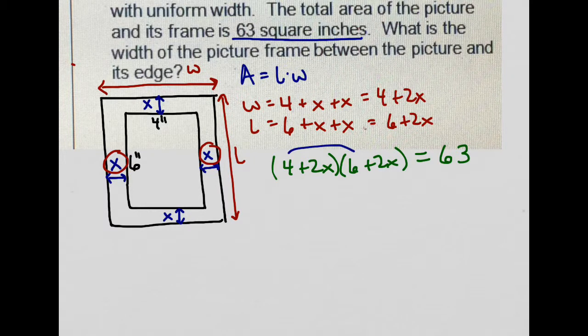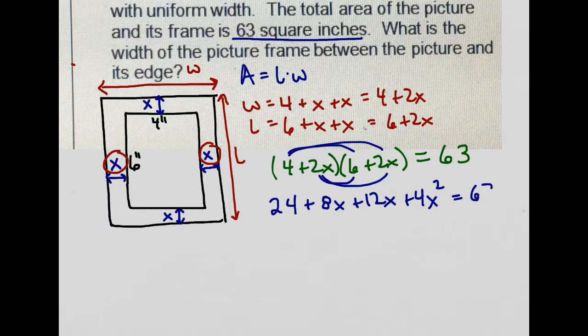So 4 times 6 is 24. 4 times 2x is 8x. 2x times 6 is 12x. And 2x times 2x is 4x squared. All that equals 63. So as I combine my like terms over here, I'm going to put them in standard form.